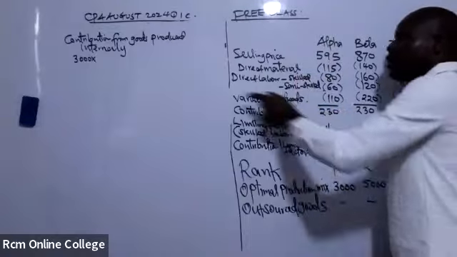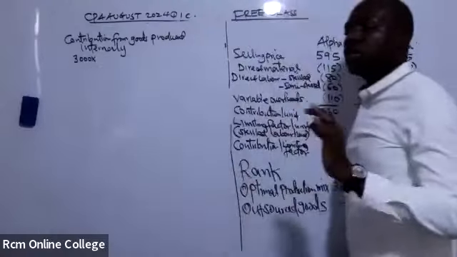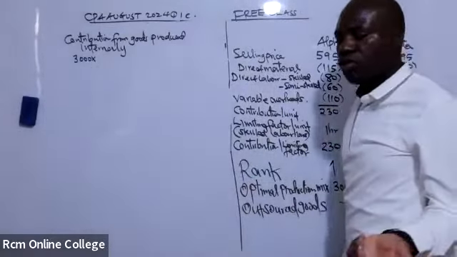Take 230, multiply by 3,000. Directly, you will give us contribution and you will save on time.